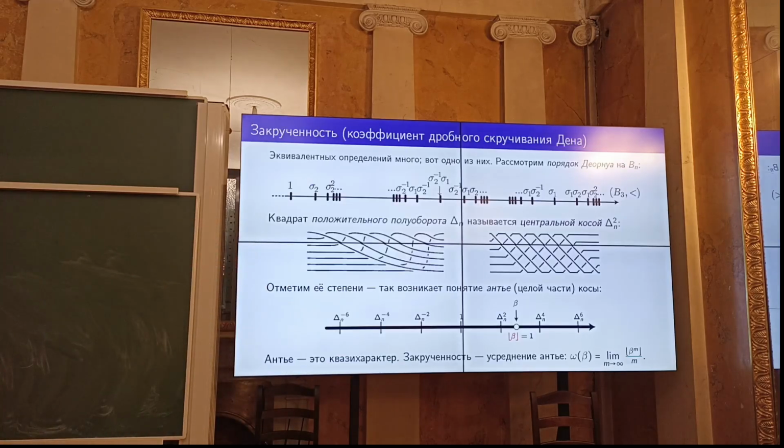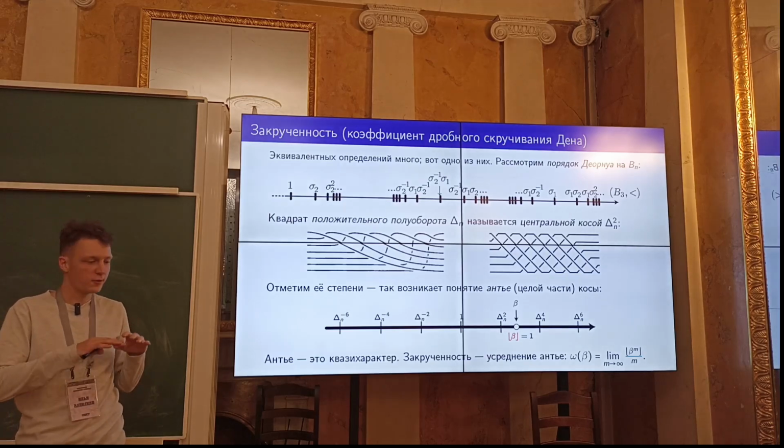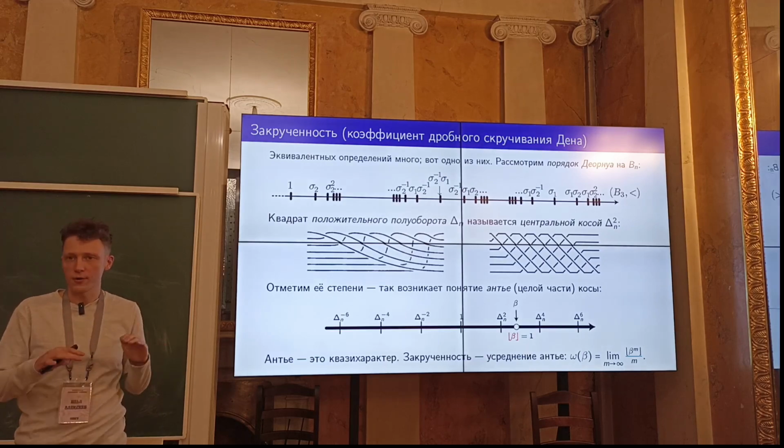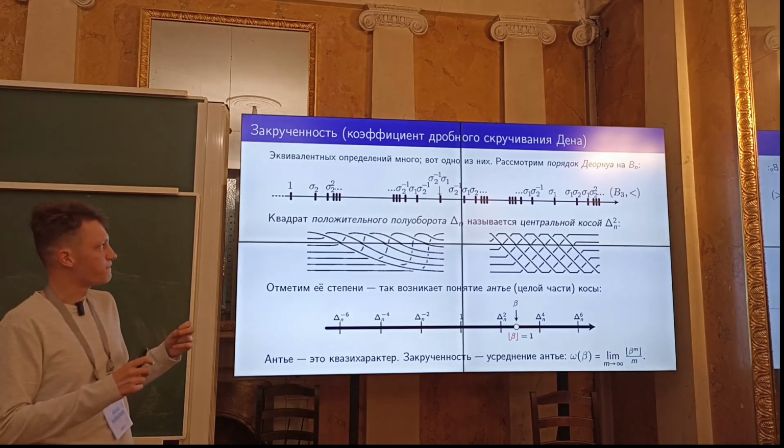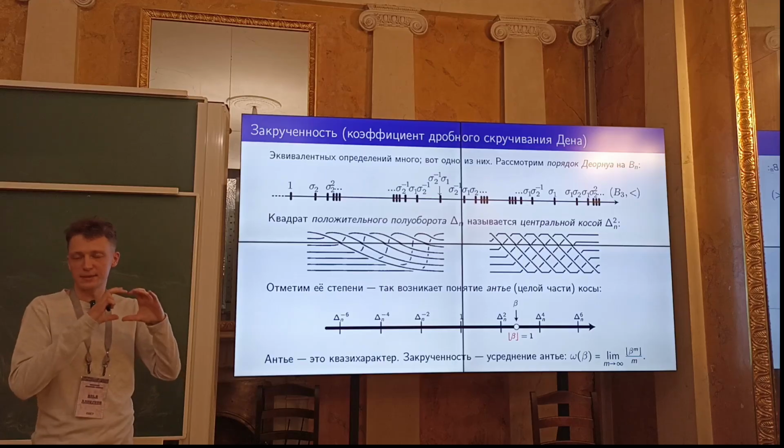So let me briefly give a feeling about this invariant. For this, I will use the so-called Dehornoy order. It is a total order on the set of all braids with a given number of strands on the braid group. I'll use it just as a black box.